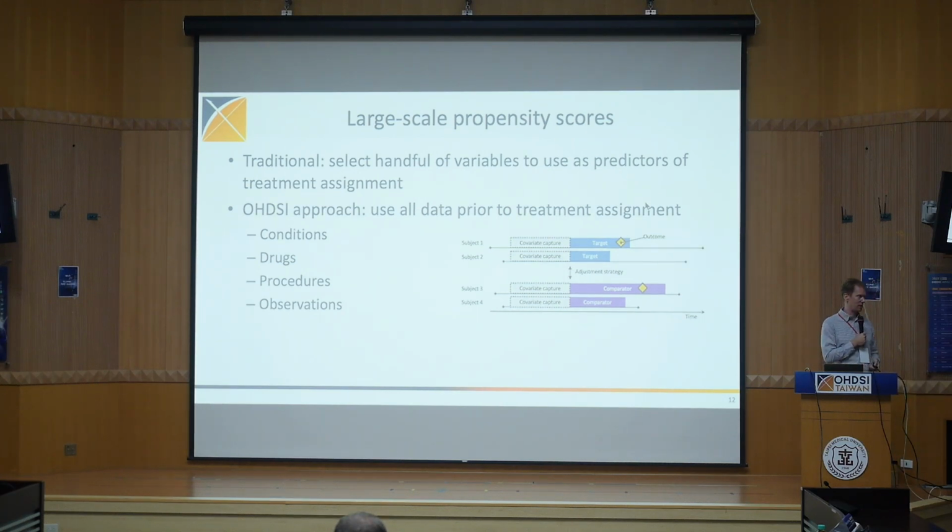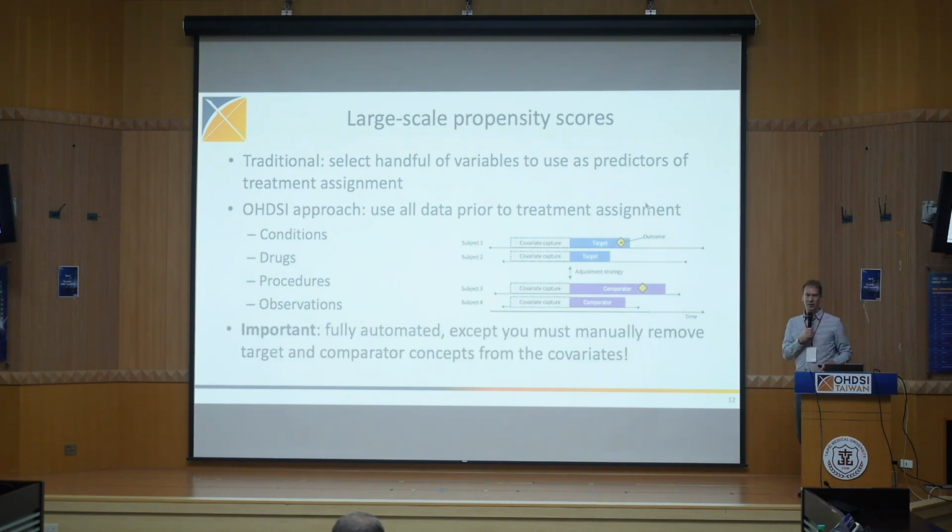Every concept basically gets its own covariate, and actually usually multiple covariates. Was this drug observed in the 30 days prior, in the 180 days prior, in the 365 days prior? So we construct lots and lots of covariates, somewhere between 10,000 and 100,000 usually, but it's all done automatically, so you don't have to think about it, and you don't have to worry about it.